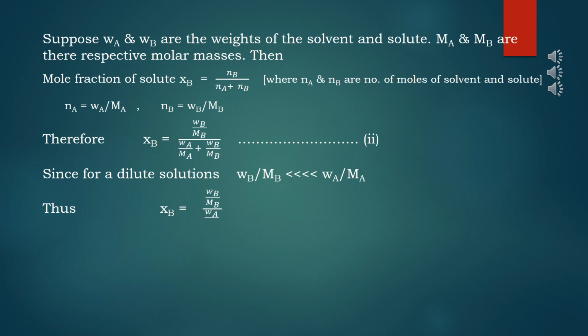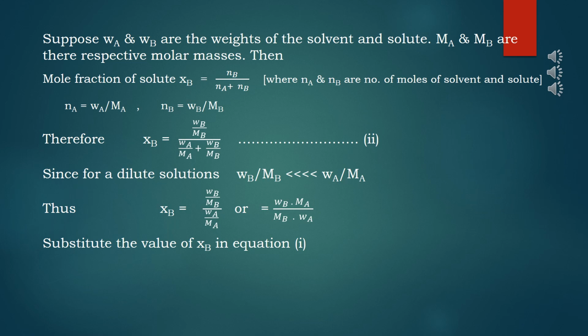So here in the denominator we can neglect the number of moles of solute, so Xb is equal to Wb into Ma upon Mb into Wa. So substitute the value of Xb in equation number first, which is the equation of relative lowering in vapor pressure.